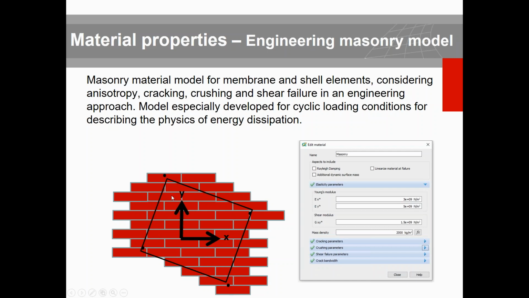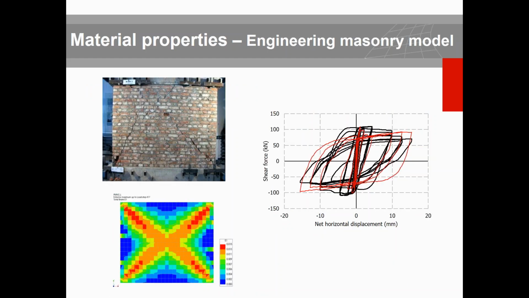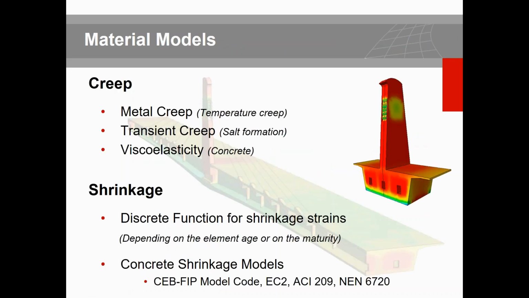And this is a very powerful, validated and verified model that you can use when the masonry structure is subjected to cyclic load, because it's an energy-dependent implementation, and you can nicely see how this dissipation takes form compared to the actual full-scale test or the lab results.